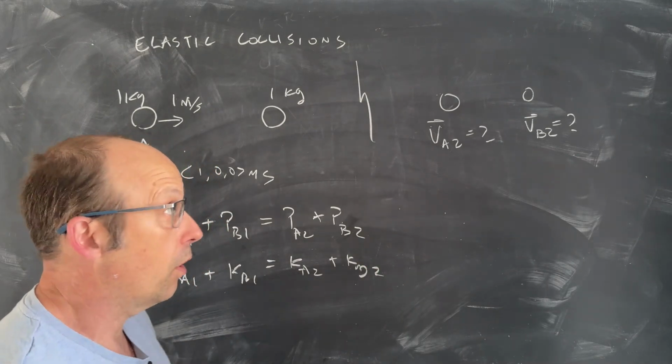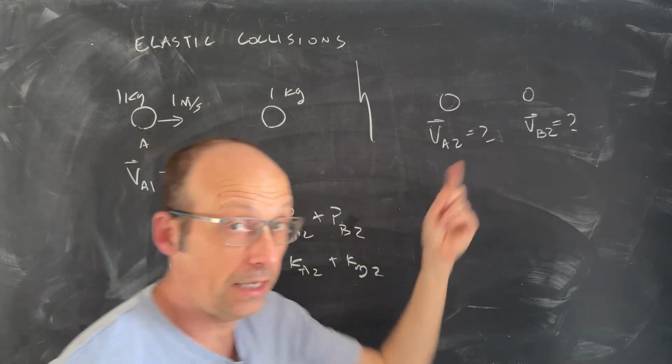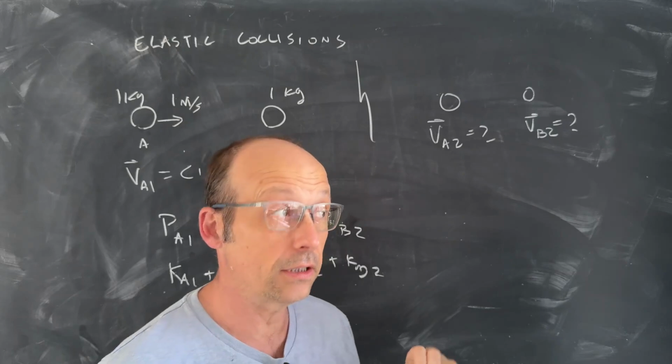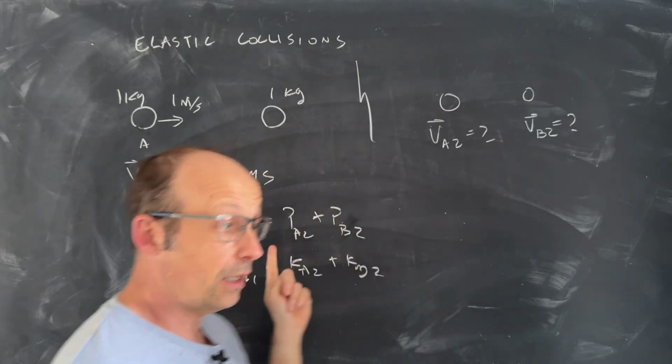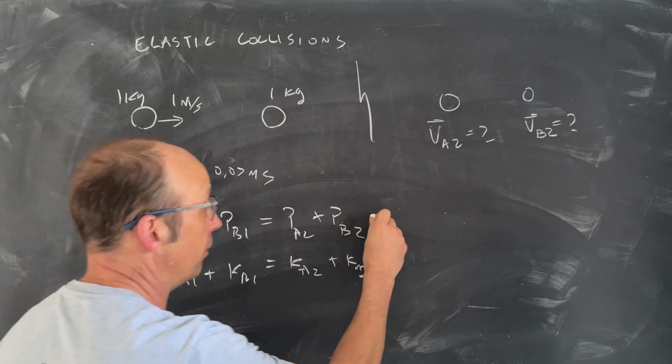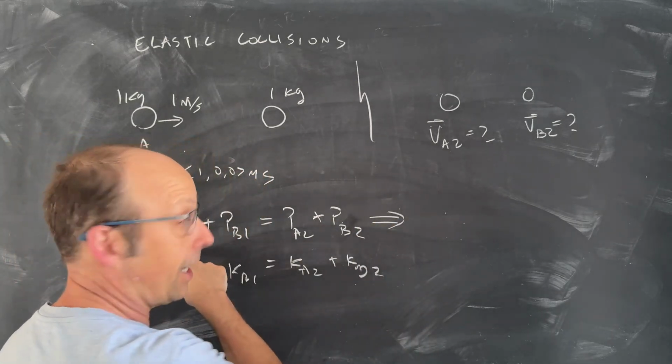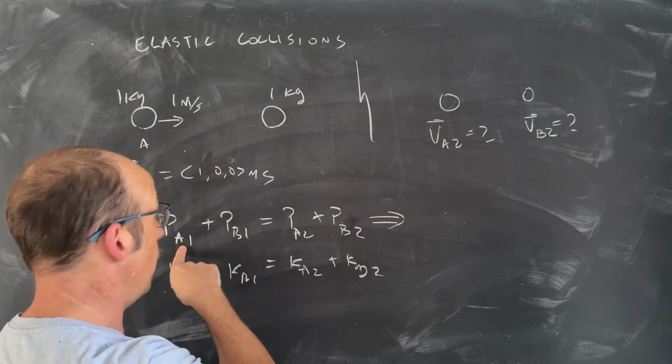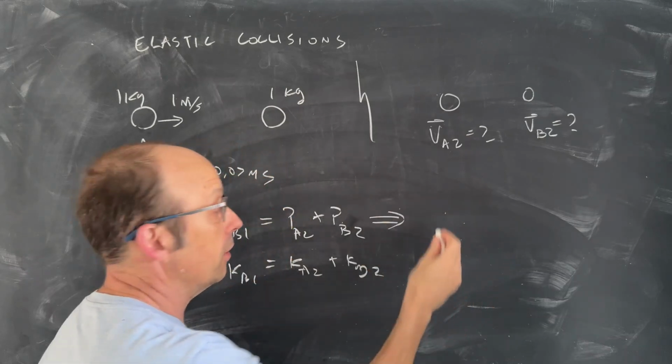Okay, so I want to find the velocities at the end. I have two unknown velocities, so I have two equations: conservation of momentum and conservation of kinetic energy. Let's just write these out as equations. Whenever I have 0, I have 0. So I have MA1, and I'm just going to call it M, since they have the same mass.